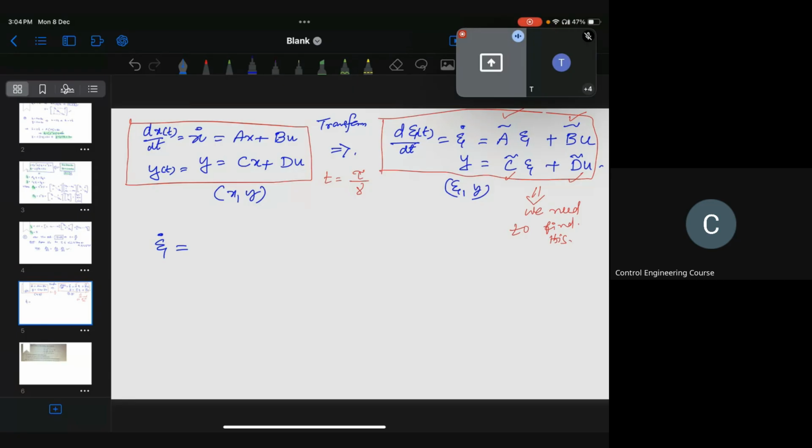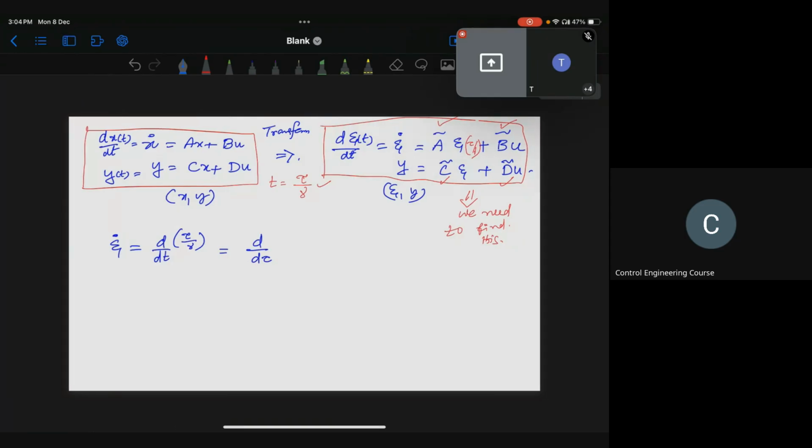Zeta dot is nothing but d by dt. So with tau by gamma, we can put it like d by d tau. Here zeta is zeta of tau by gamma, because that is the time now.